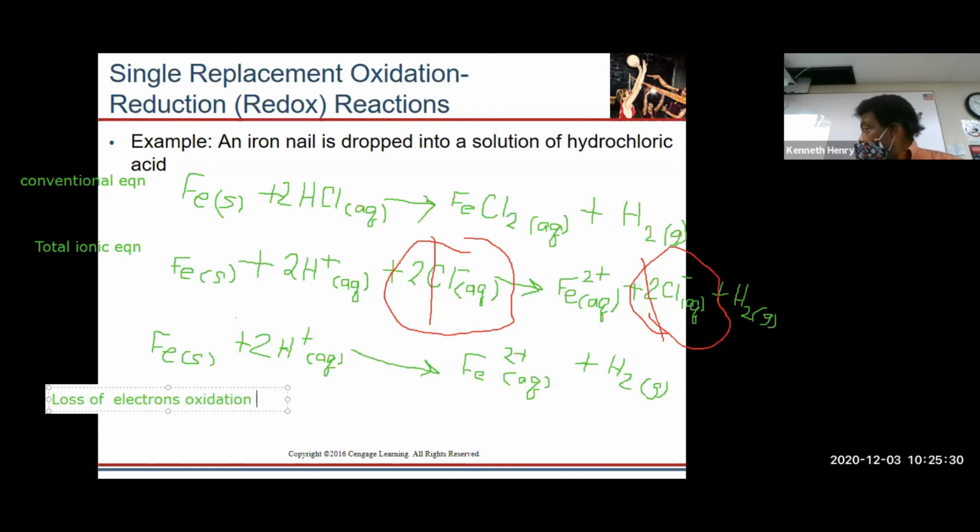The way I remember it is LEO, and gain of electron is reduction.